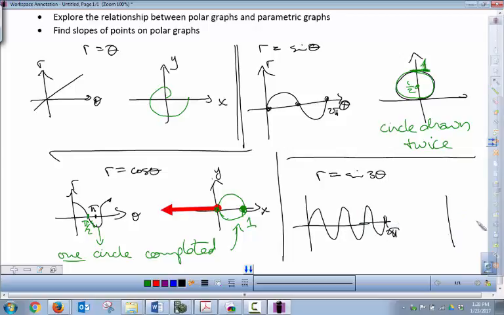Then the graph starts at 0, it draws this curve, and then this curve, and then this curve, and then back. So the radial distance here is 1, which means this distance here is 1. From the origin to the tips of those would be radial distances of 1.